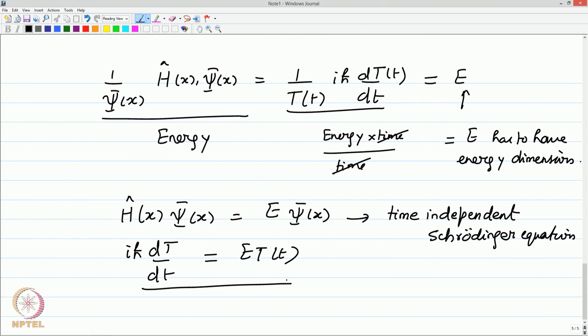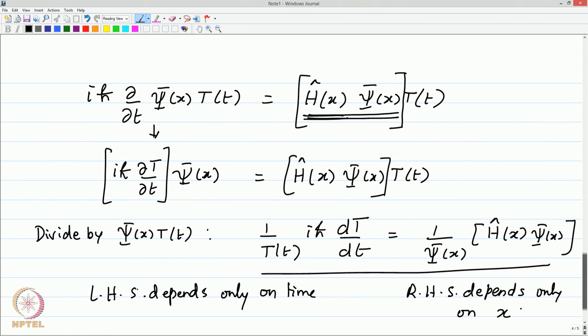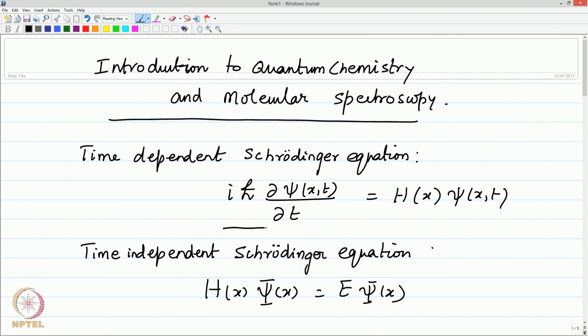And the wave function Ψ(x,t) is of course the product ψ(x) times T(t). Therefore, the wave function for the time independent Schrodinger equation is time independent itself, but the wave function for the time dependent Schrodinger equation is a function of both x and t, even when the Hamiltonian is not a function of time.